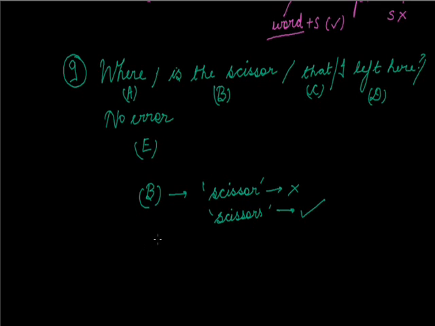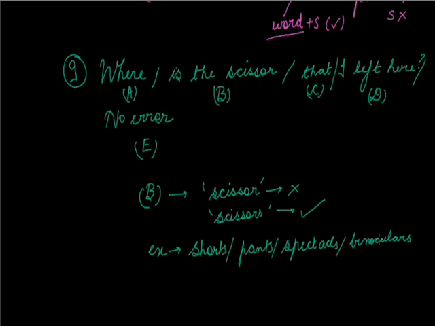Some more examples are there of the things having two parts and they are always pluralized. Examples are shorts, pants, spectacles, binoculars, etc. These are always used in a plural manner because they have two essential parts.